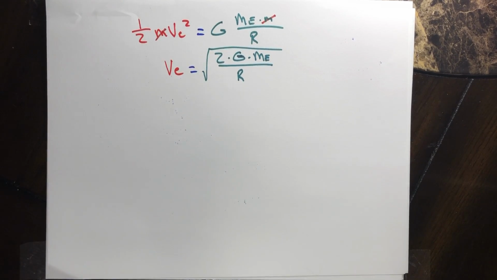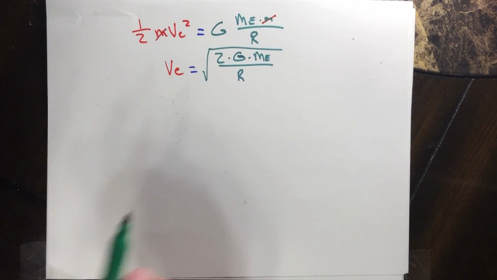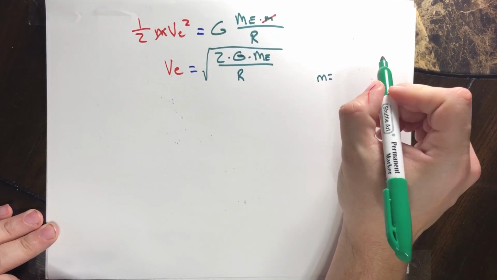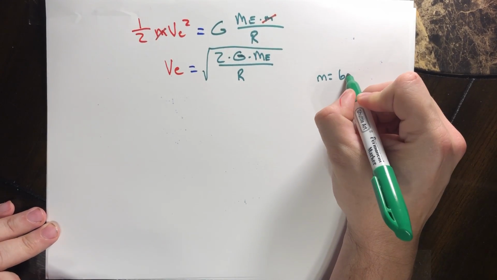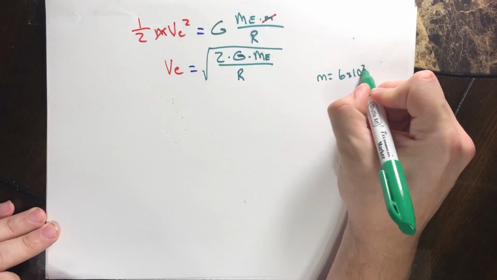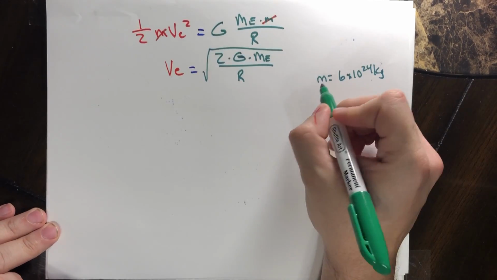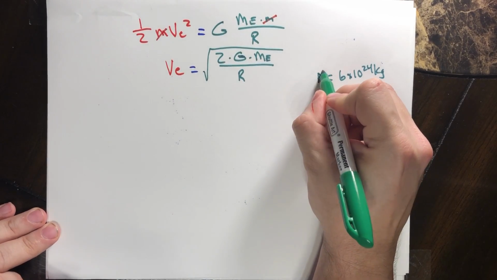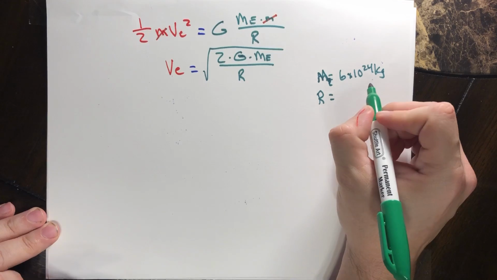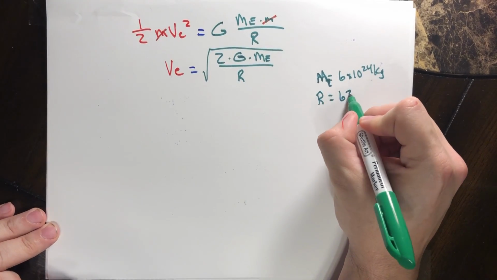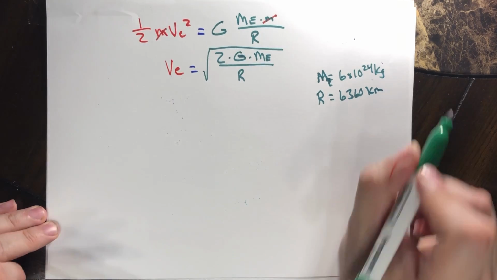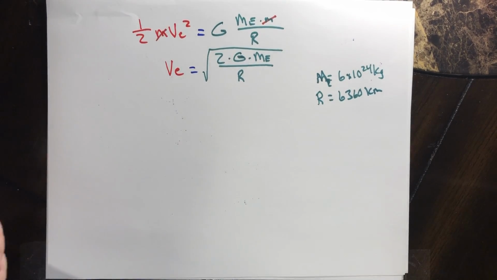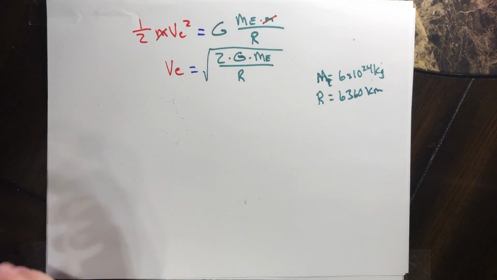Now, we were given that the mass of Earth, so it's right over here, was 6 times 10 to the 24th kilograms. And the radius of Earth, I guess I put a big M, was 6,360 kilometers. Now you could put that into meters by multiplying by 1,000, but I'm just going to leave it like it is because it's simple enough.